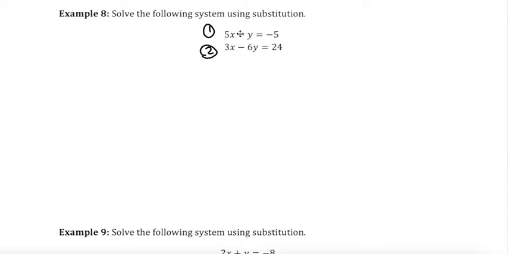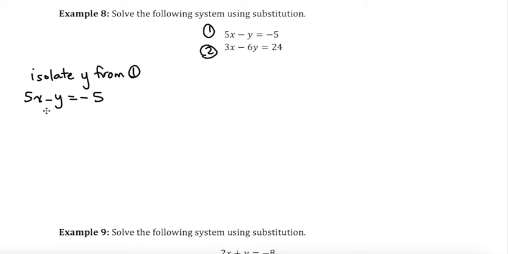So I'm going to isolate y from equation number 1. So I want to get y all by itself. I'm starting with 5x minus y equals negative 5.